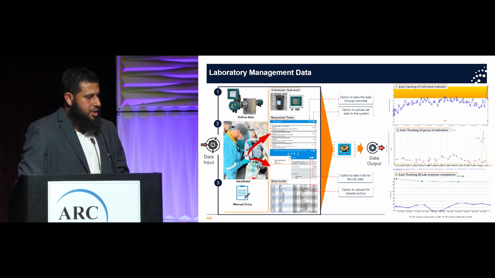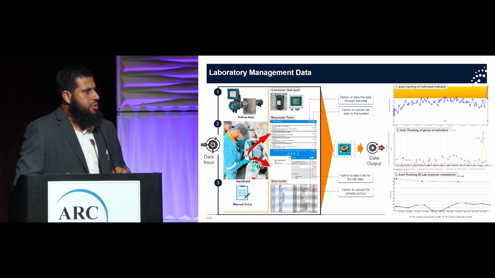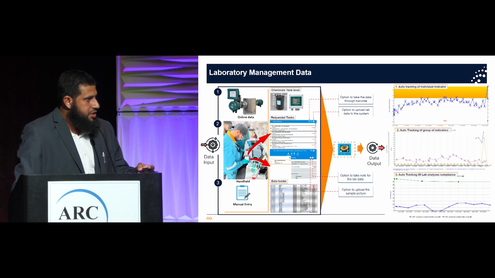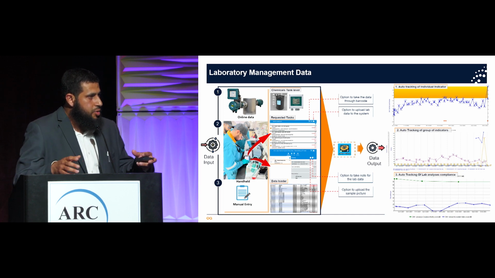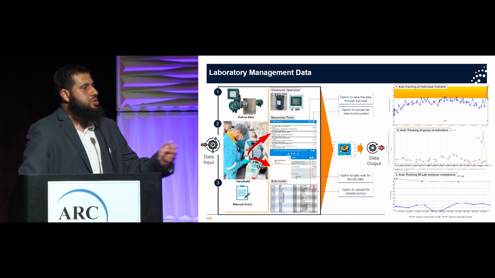And all the historical records, we can upload them through the data loader in ABM. So all these sorts of data are integrated and processed in ABM, in this software. It can accommodate the online data, the laboratory data, and the historical records.